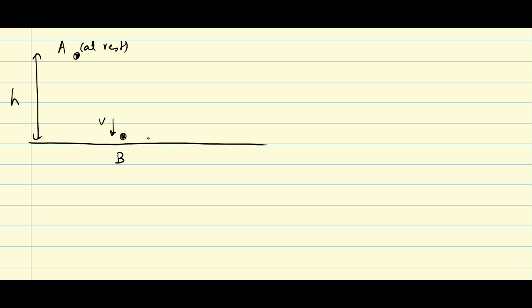about to hit the floor and its velocity is v downwards, and this is situation B. Now, as discussed earlier, in a very small time interval corresponding to the collision time, the ball's position is not going to change, but its velocity has reversed in direction, but the magnitude is the same. Ball's velocity is v upwards, and finally, to complete the cycle, the ball reaches the same height as before.